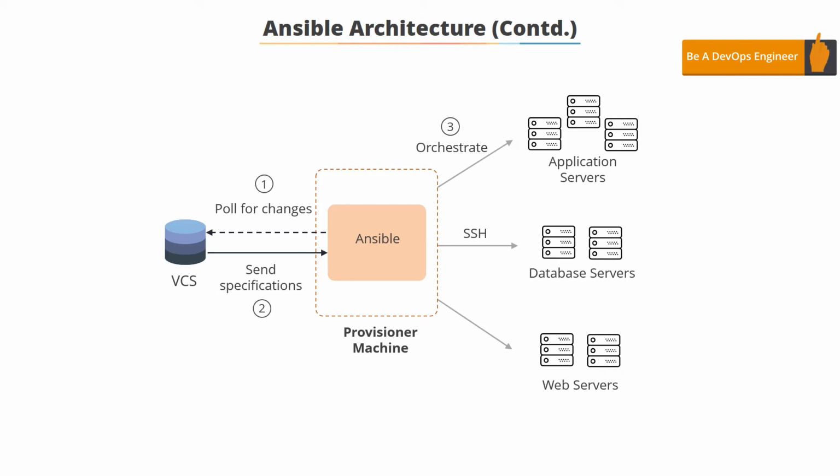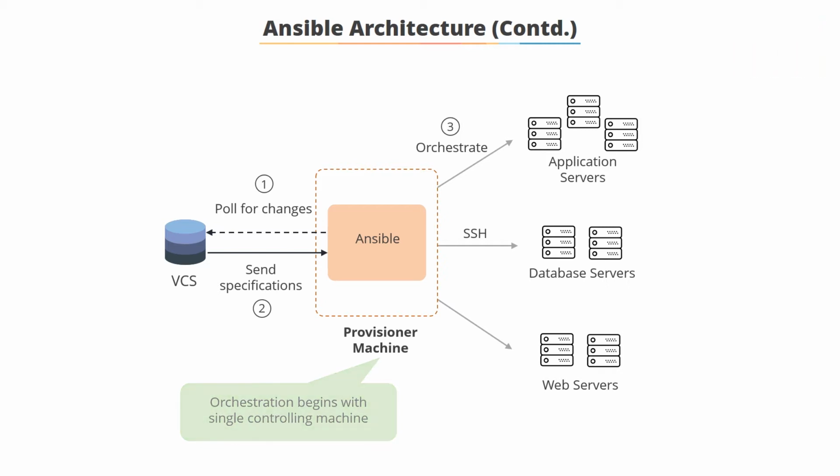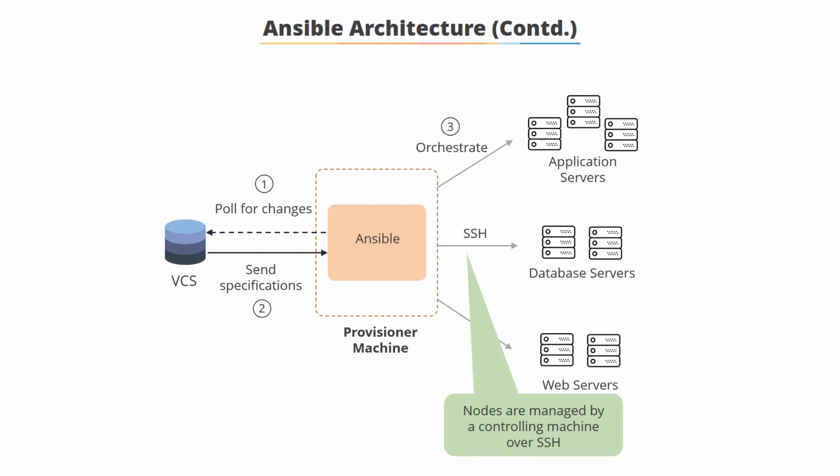In this case, the orchestration begins with a single controlling machine, and you can see various nodes on your right hand side that are managed by a controlling machine, the provisioner machine that you see in the middle, and all the connections are being made over SSH to your application servers, to your database servers, to your web servers.